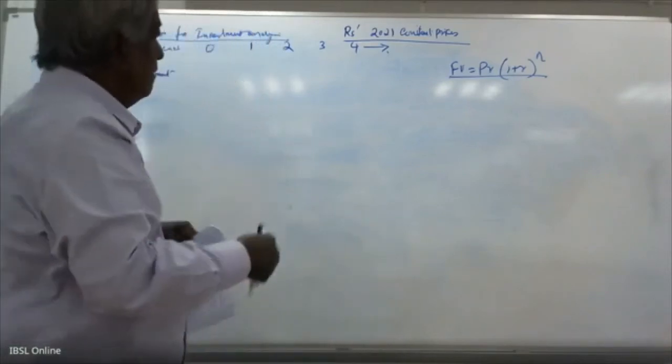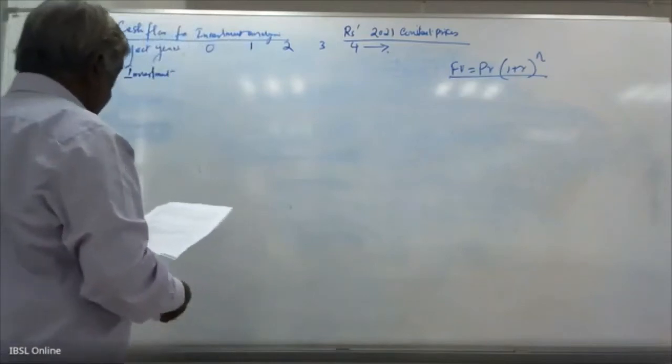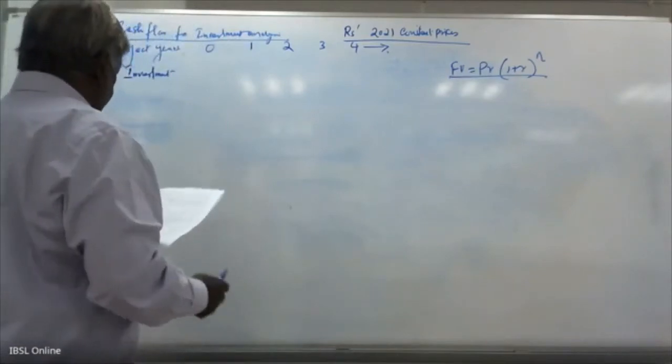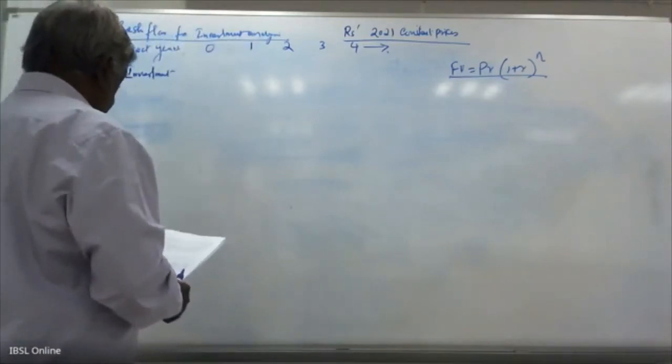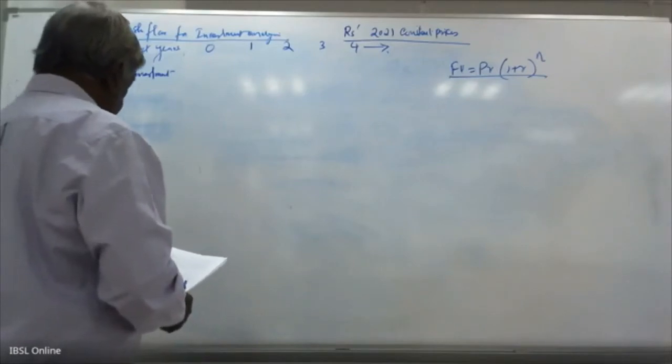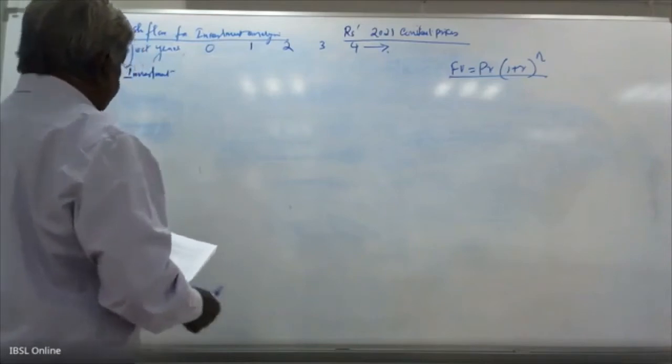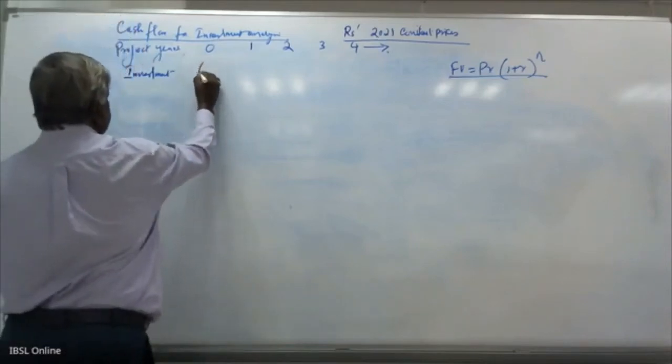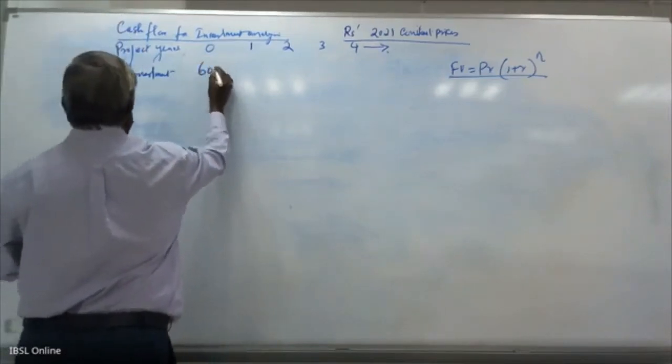Right. So the investment is 60 million. This is the cash outflow.